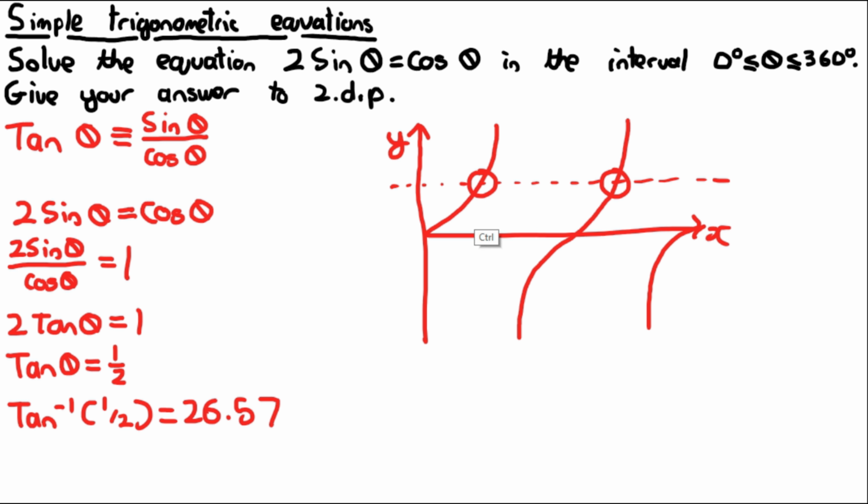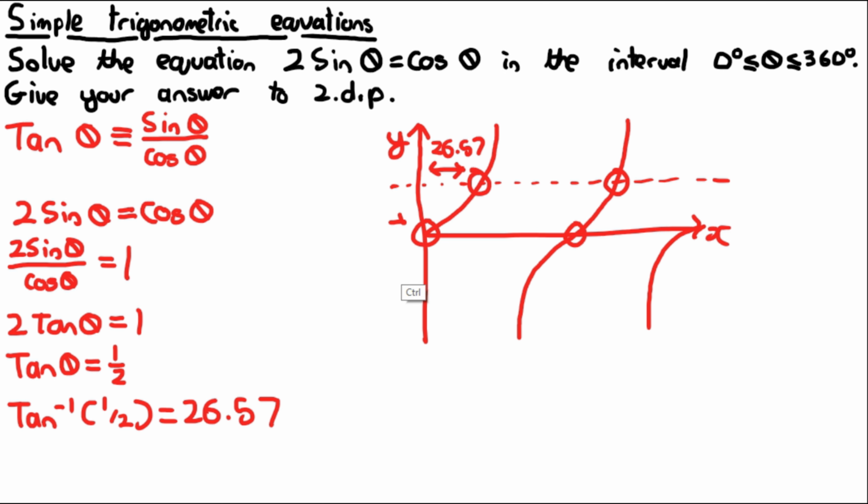26.57 that we've already found, and we know that the distance between this point and this point is going to be the same as the distance between this point and this point. So this distance here is 26.57, as this point here is 0.